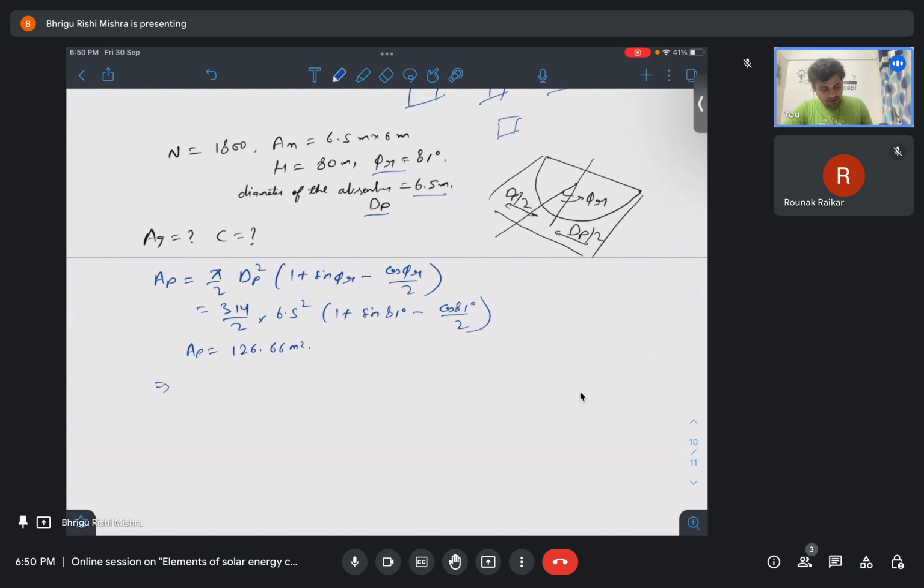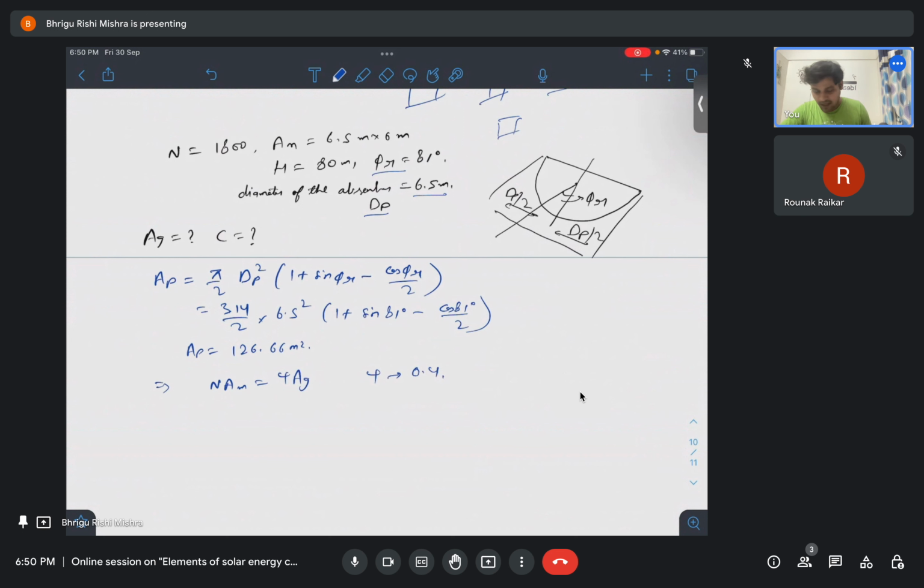Now the relation between the total area of the heliostats and the area covered by these heliostats at ground is given as N AM equals psi into AG. This psi factor is generally 0.4, so here we are taking it as 0.4.